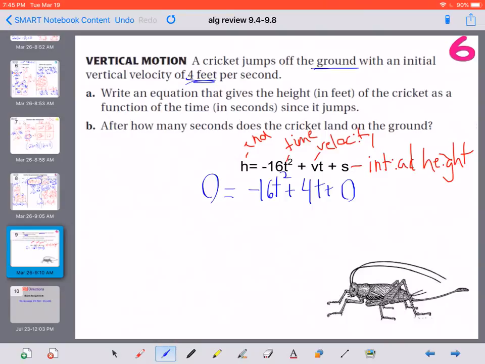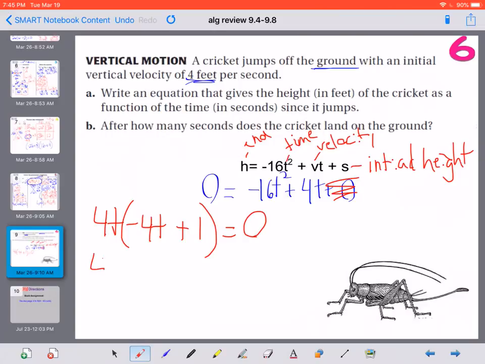Now it says how many seconds until the cricket lands on the ground? So it looks like I can take out a 4t out of both of the terms because we don't need 0 anymore. So if I take out 4t, what we're left with is a negative 4t and a positive 1 equals 0.